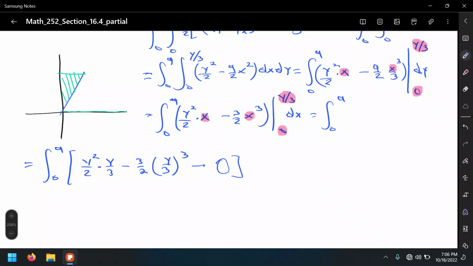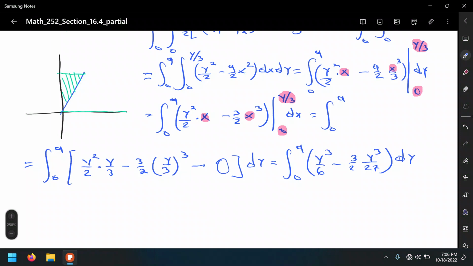All right. Okay, that's fine. So dy. So that's going to reduce to the integral from 0 to 9, so that's y cubed over 6 minus 3 halves, y cubed over 27, and dy.